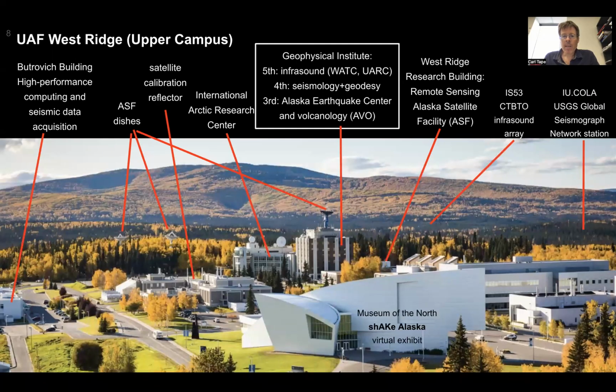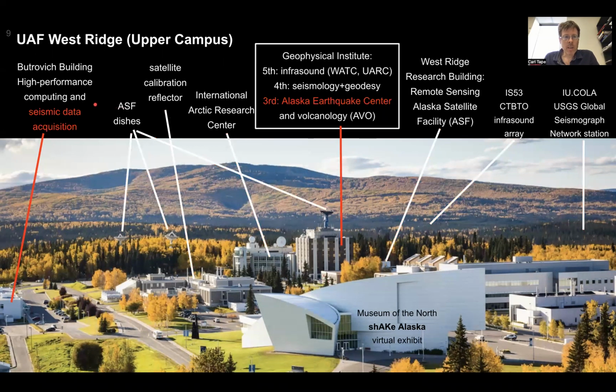Here's a shot advertising the kind of geophysical entities that reside on upper campus here at University of Alaska Fairbanks. And if we want to focus in on just two of these, the seismic data acquisition going into the Butrovich building, where we have high performance computing, is shown here.